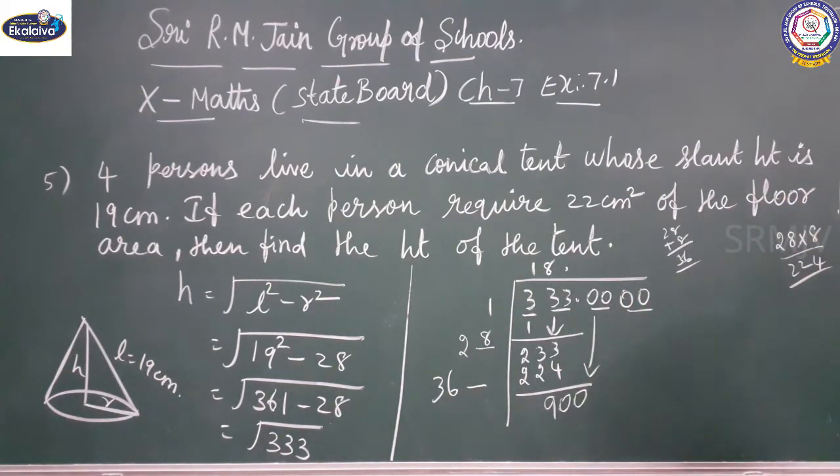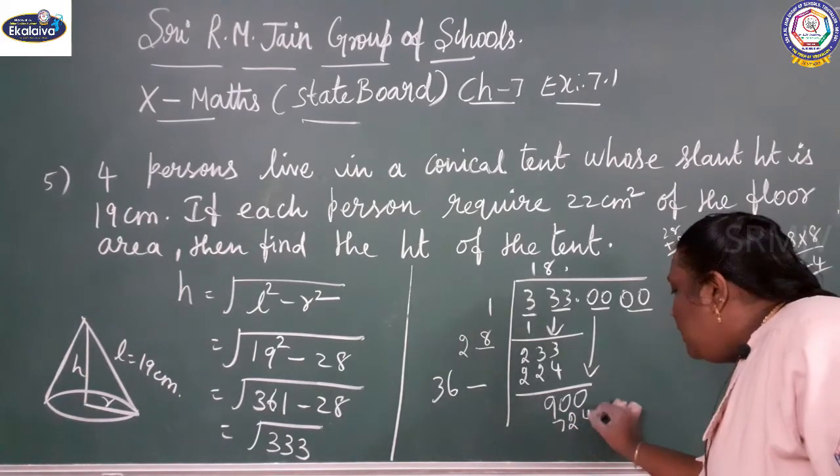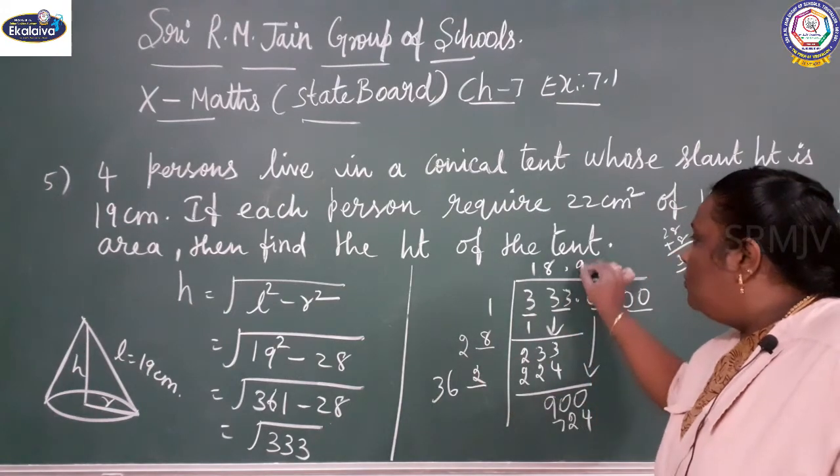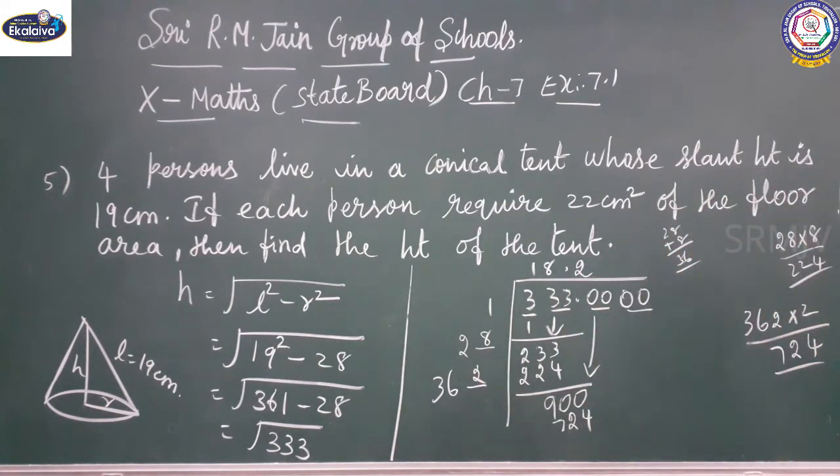You can check the value in the rough column. 362 into 2. 2 twos are 4, 12, 724. So you put 2 here, 7, 24.